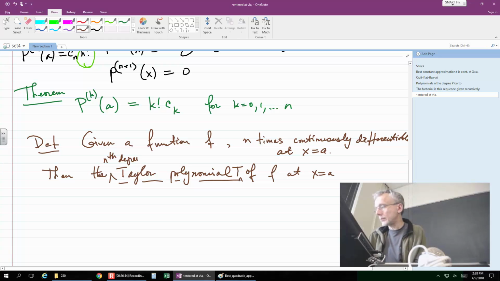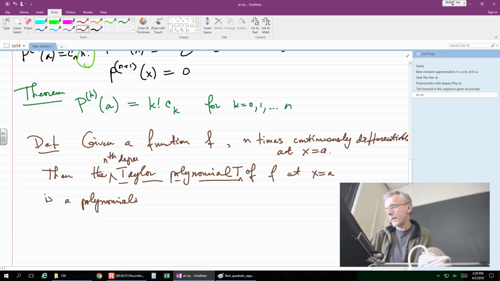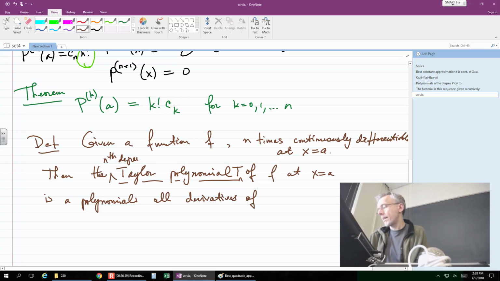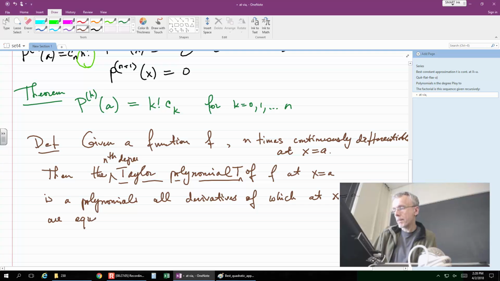It is a polynomial all derivatives of which at x equal a are equal to the ones of f.